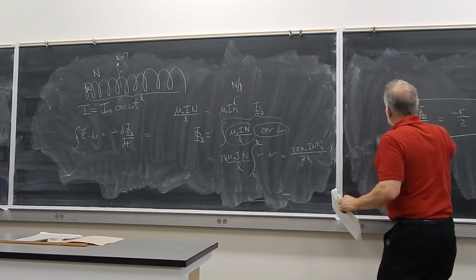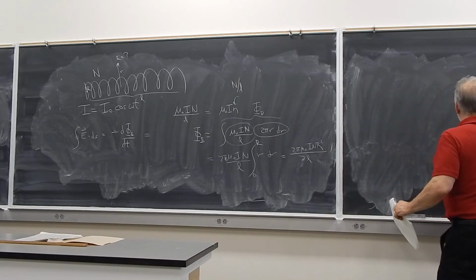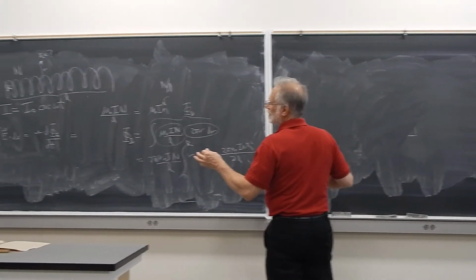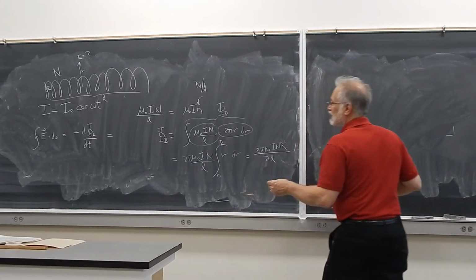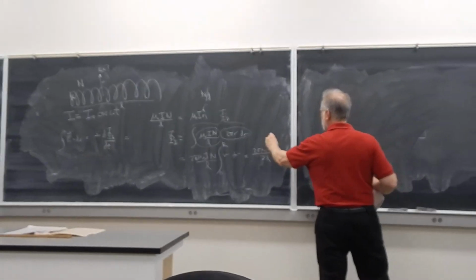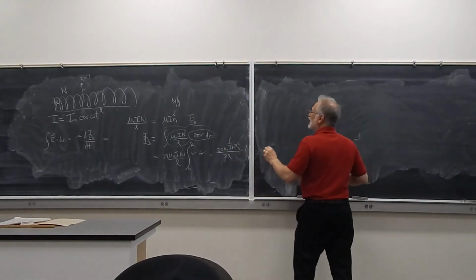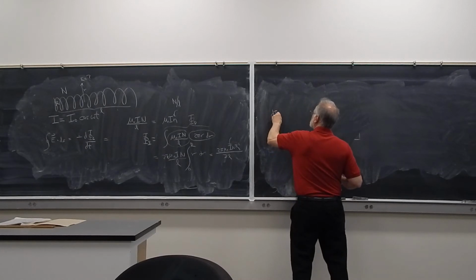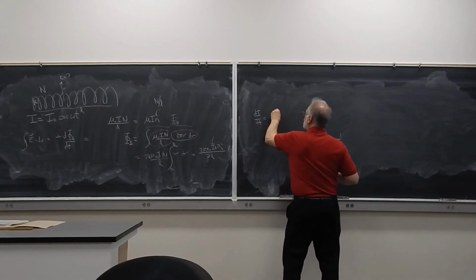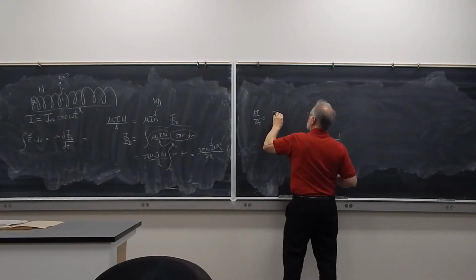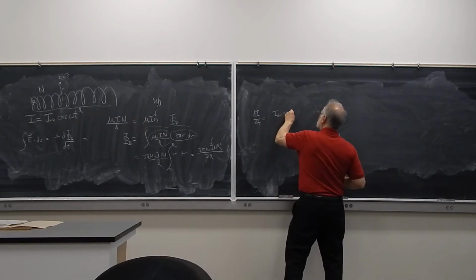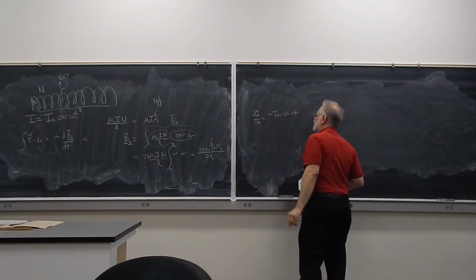Well, that's the flux, but now I need to take the time derivative of that expression to get the induced EMF and thus the electric field. So to do that, I know that the only time varying term is I. I know that dI/dt would just be I naught omega times the sine of omega t, negative sign out front.